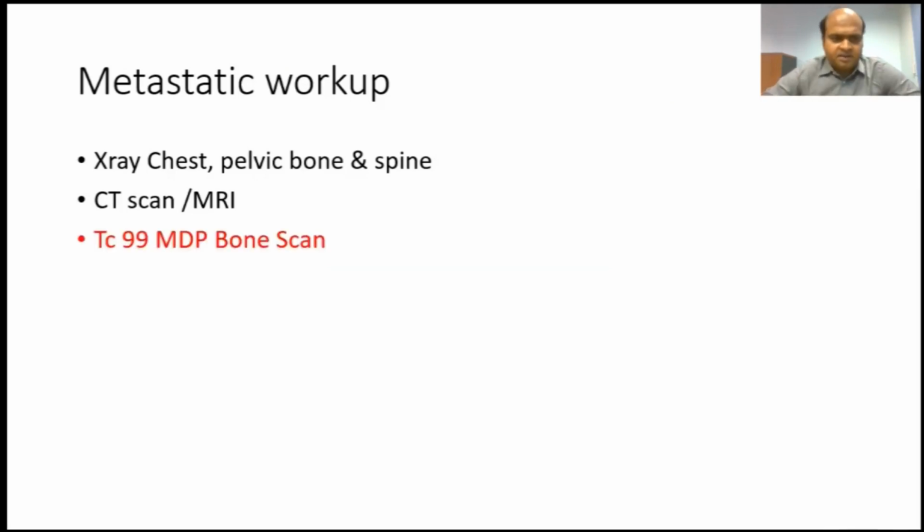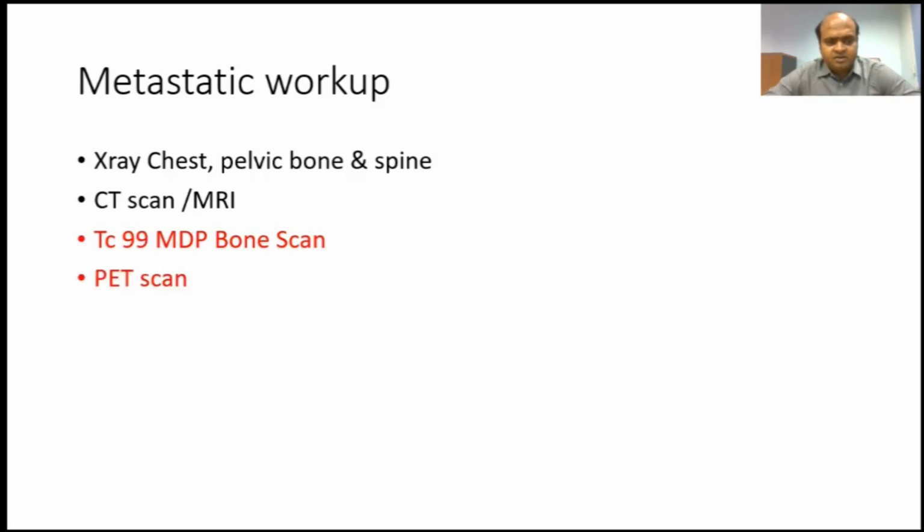But the most important investigation for evaluation of prostate cancer metastasis is the technetium-99 bone scan, which can detect, with good positive predictive value, prostate cancer metastasis in the entire skeletal system of the body.